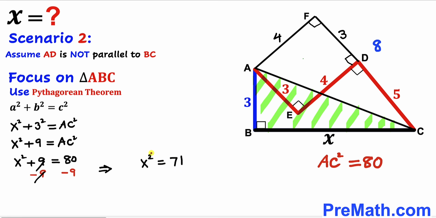Now I am going to undo this square by taking the square root on both sides. Here we can see this square and square root undo each other. So our x value turns out to be positive square root of 71 units.